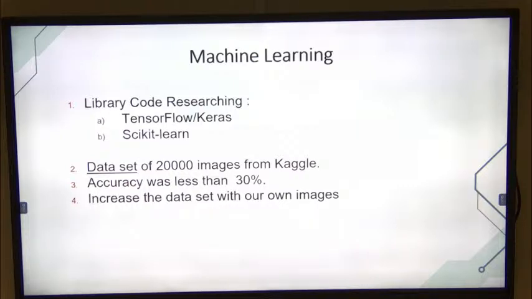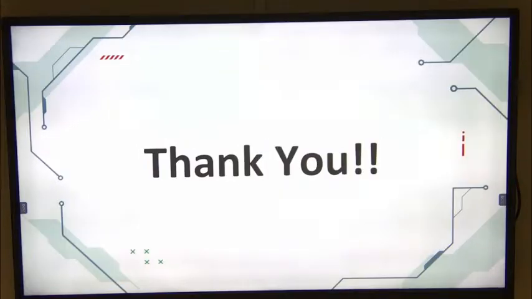We found a data set on Kaggle that has around 20,000 images that we are using for testing, and right now we have less than 30% accuracy because we are early in doing the machine learning, so we're progressing in that area. We have a future goal to increase the data set with our own images that we get from the robot. So that's all. Thank you. Any questions?